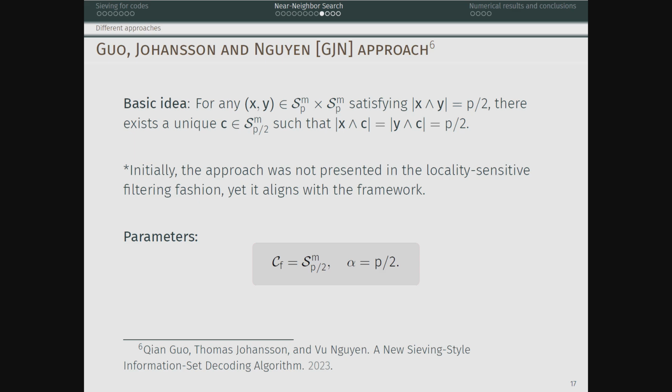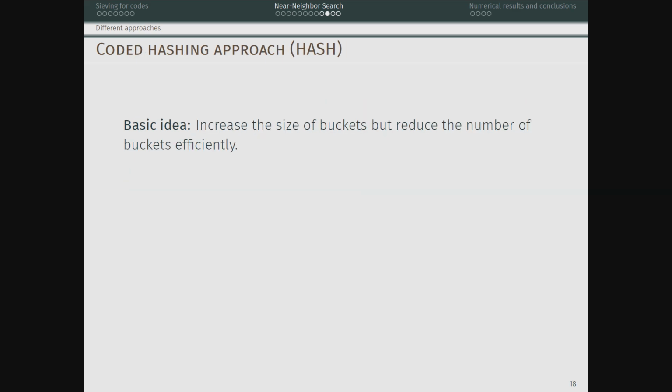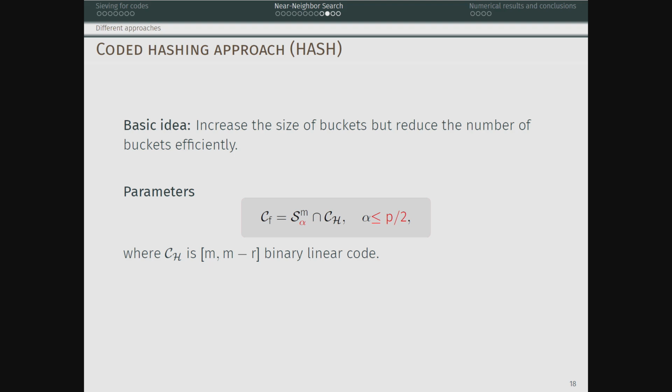Already in some previous paper, it was shown that if we relax these parameters, we can obtain some improvements. Our idea was to increase the size of the buckets and reduce the number of buckets efficiently, to obtain a better trade-off. In particular, we chose the set of centers CF to be points on the sphere of radius alpha, where alpha is a bit smaller than p/2 now, which gives us bigger buckets.